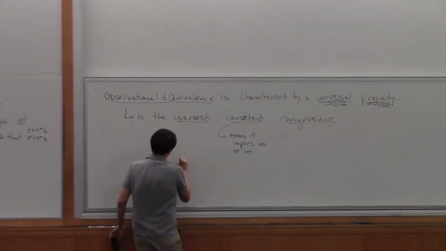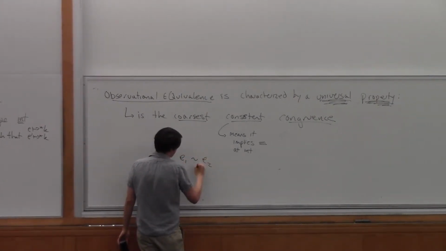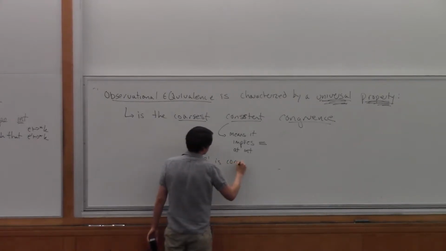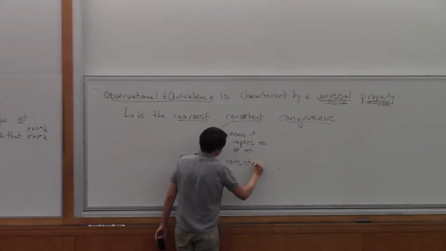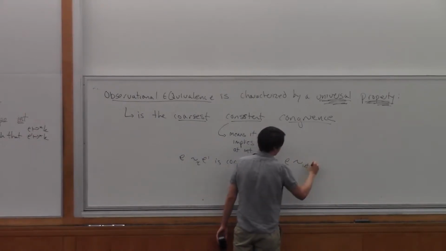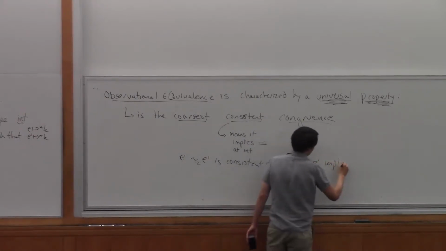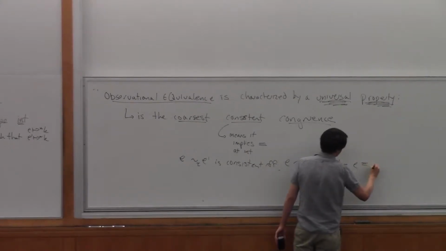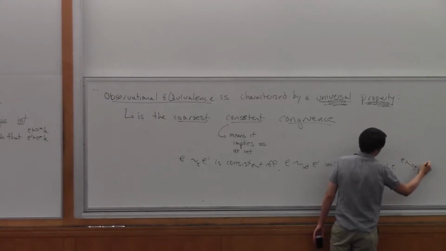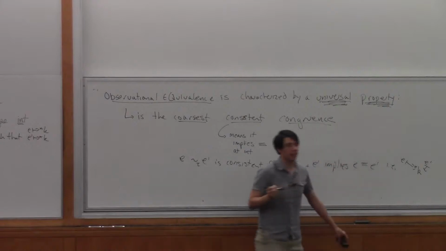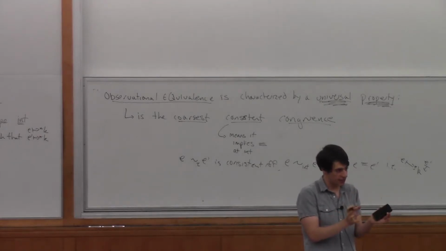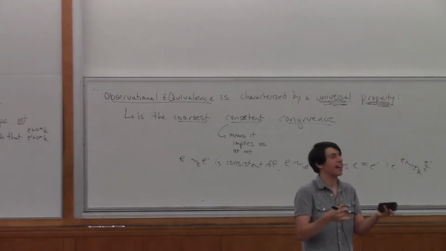So E being related to E' at tau is consistent if and only if E being related at int to E' implies that E is Kleene equivalent to E', i.e. E and E' both run down to the same number. Okay, so our definition of a relation being consistent, if I have some binary relation, is that whenever it relates things of type nat, they actually run to the same number.